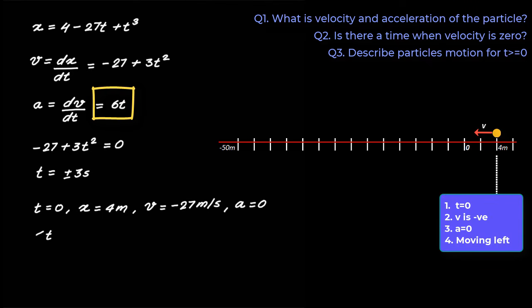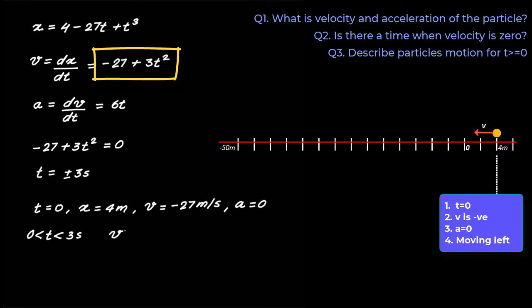For t greater than 0 and less than 3 seconds, using this equation, we find that the particle continues to have negative velocity and continues to move in minus x direction. Using this equation, we find its acceleration is no longer 0, but is positive and increasing, because you can see that as you put various values of t between 0 and 3 seconds in this equation, acceleration will keep changing and will be positive.